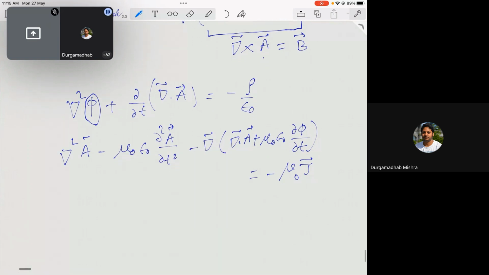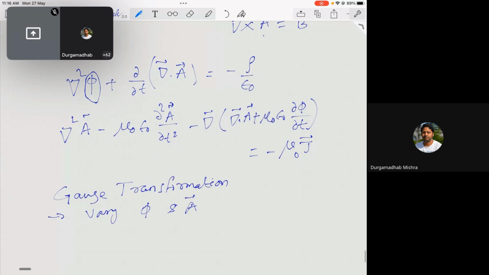So this is where the gauge transformation is important. The gauge transformation says that I can vary this phi and A without affecting the electric and magnetic fields.